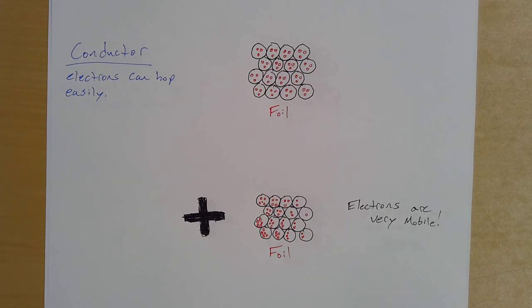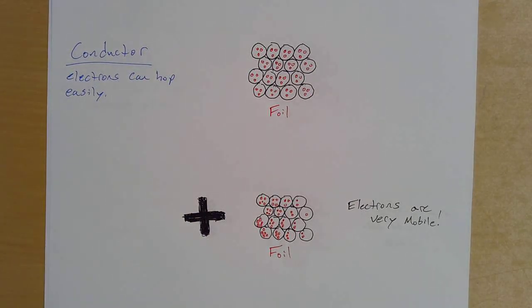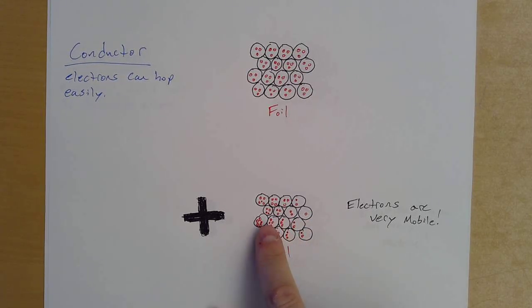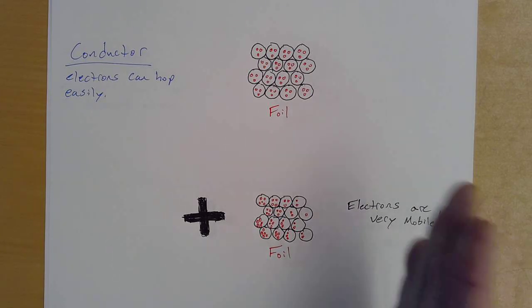We talked about metals. Metals are conductors. They hop easily. They move very easily between each other. So when I add that positive force, whoosh, they all squish to this side. They're all trying to get as close as they can to those positives. And look, some of the atoms there don't even have electrons anymore. They all squish toward the front.